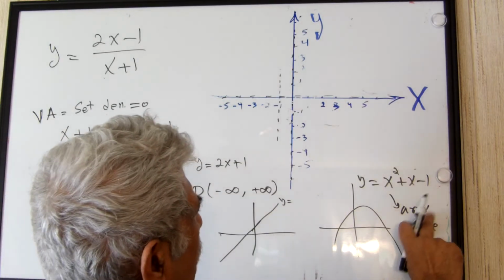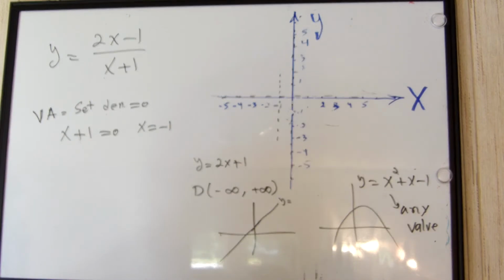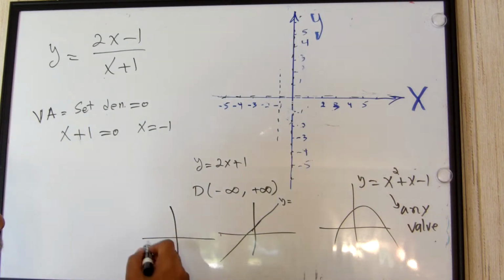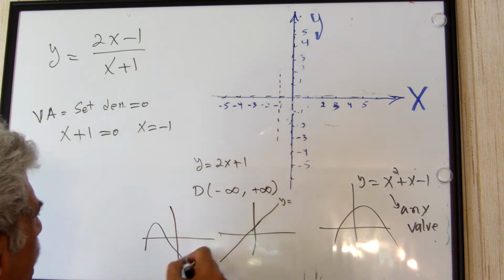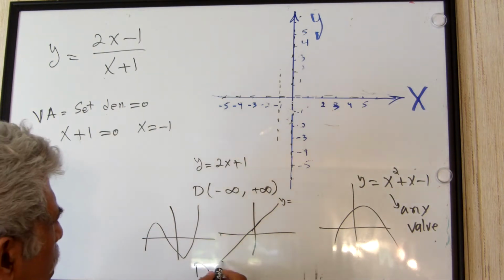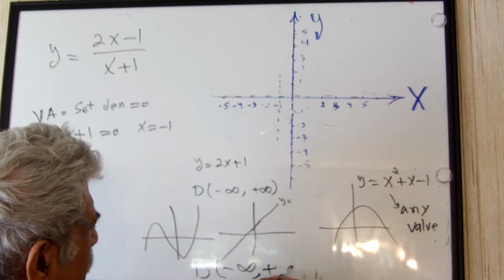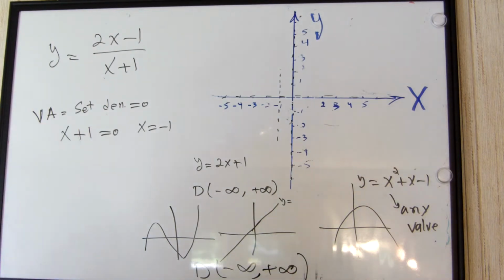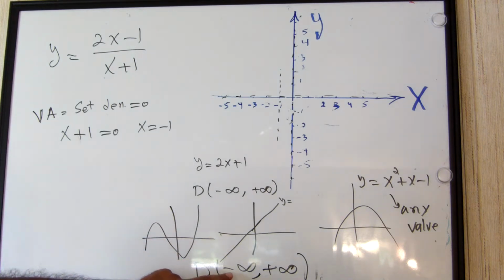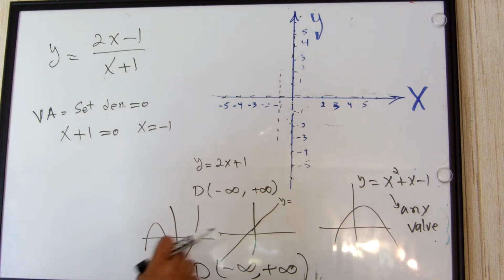The same thing for a cubic function. We can give every value. So the domain of all these polynomials is minus infinity to plus infinity, meaning x can take any value.